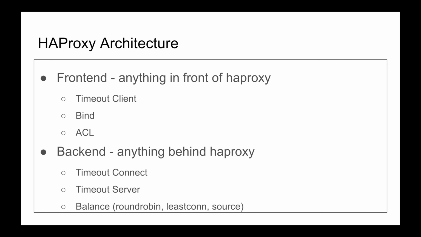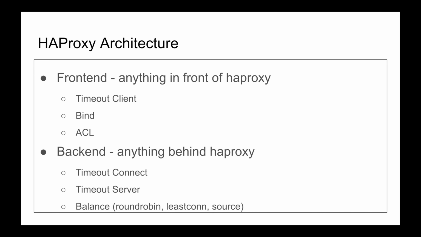And when you do that, usually this is memory consumption, right? Imagine you have 10,000 of those, right? So timeout client will allow HAProxy to disconnect that TCP connection if the client is idle. It's not doing anything. It's like, hey, if the client didn't do anything in 1 minute, kill it. The client is dead for me, right? Very useful timeout. That's why you have to specify these timeouts.